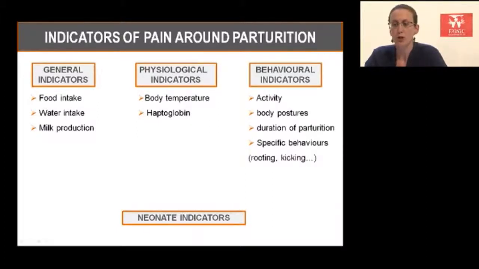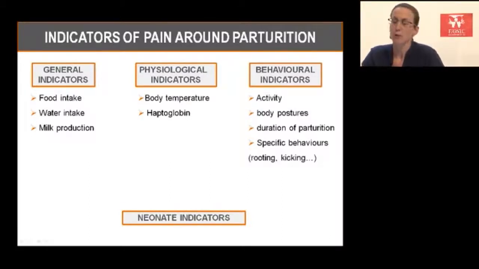In terms of physiological indicators, we can observe body temperature, or also haptoglobin. Haptoglobin is an acute phase protein produced by inflammation, so in consequence it can also be a possible indicator of pain. And finally, in terms of behavioral indicators, we have different indicators such as activity, body postures, duration of parturition, and also specific behaviors such as rooting or kicking.